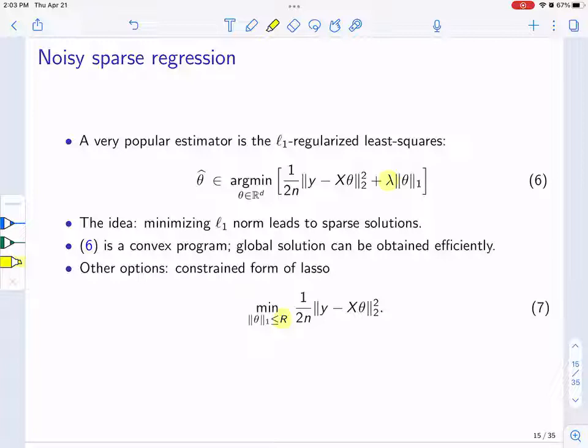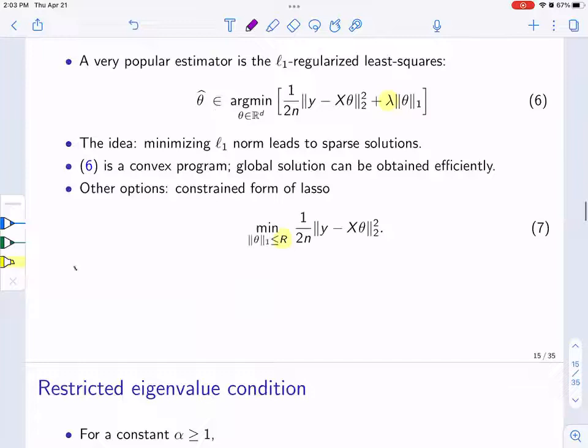Generally, when you want to solve this, you would assume, for example, that y is X theta star plus some noise. So you'd assume that R is either the L1 norm of theta star, or at least R is bigger than or equal to the L1 norm of theta star, so that theta star is feasible for this problem.